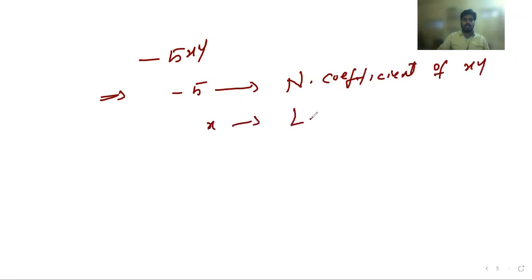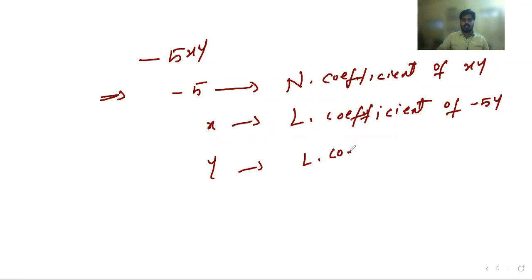X is the literal coefficient of what is the remaining term? Minus 5y. Y is the literal coefficient of minus 5x. Okay, got it?